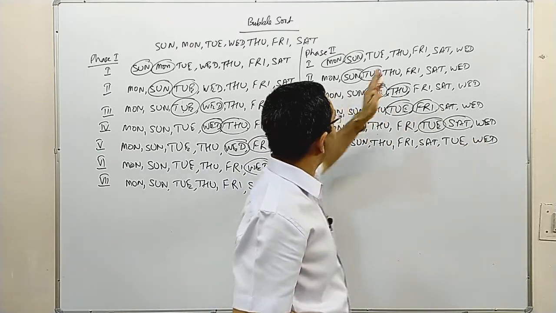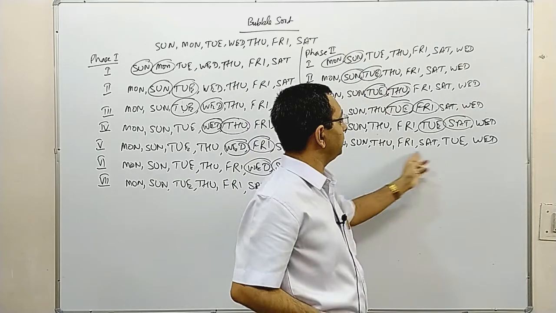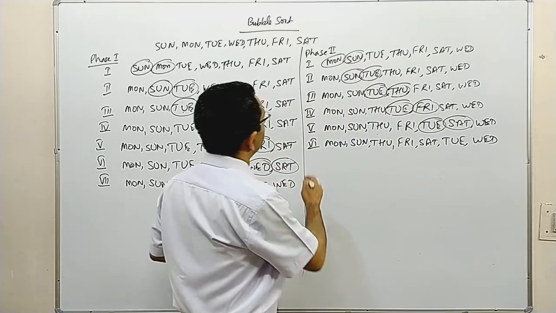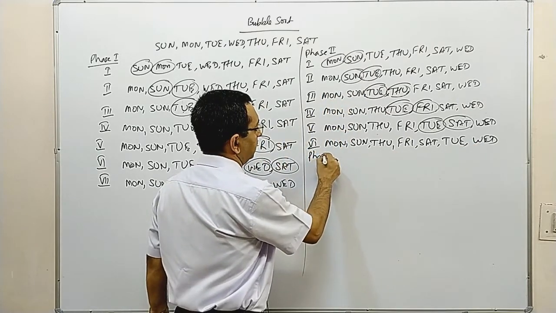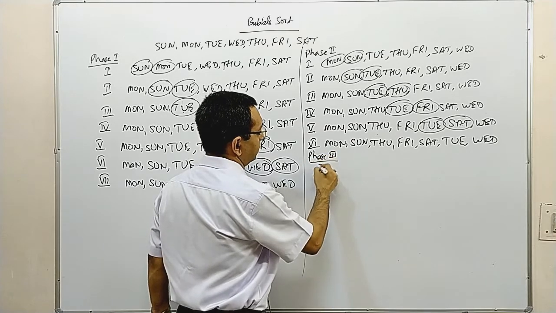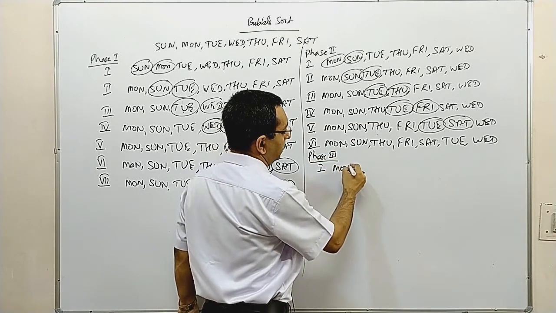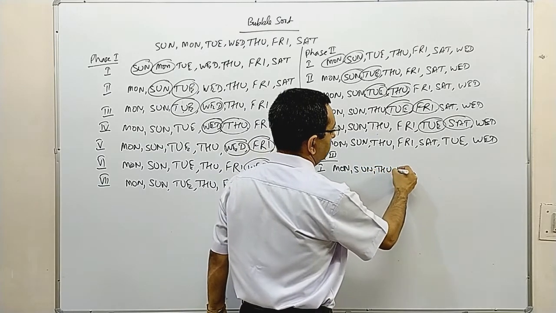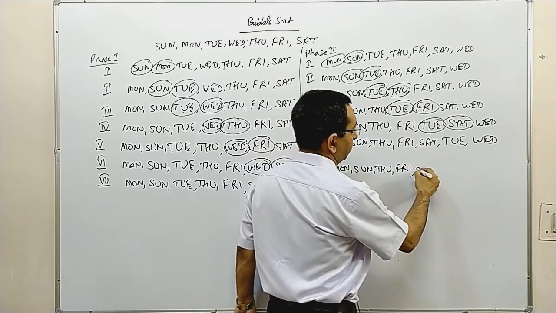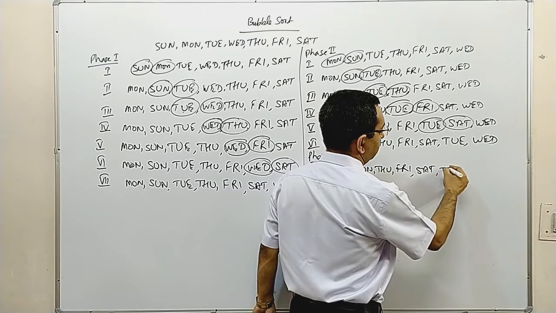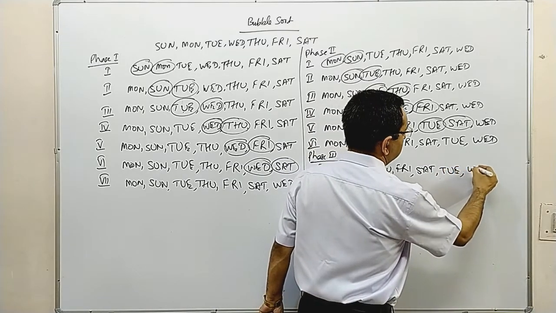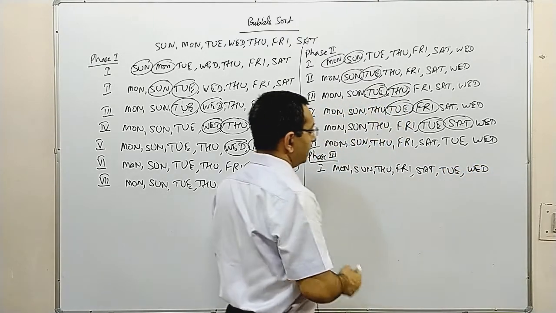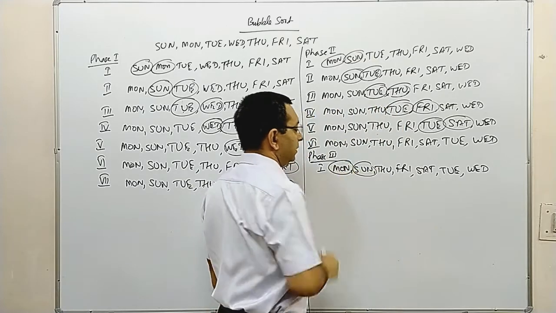So in the next phase you have to iterate with this series. So phase 3 will be step first: Monday, Sunday, Thursday, Friday, Saturday, Tuesday, Wednesday. So now Monday will be compared with Sunday.